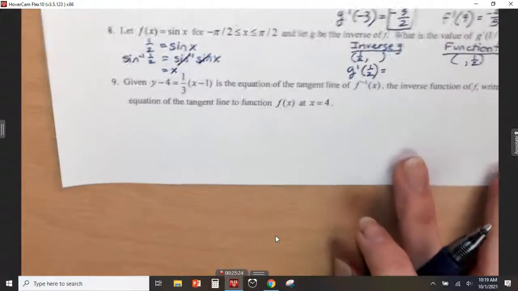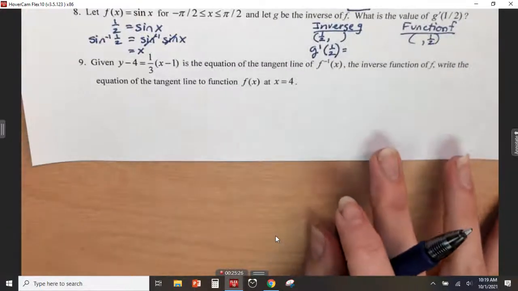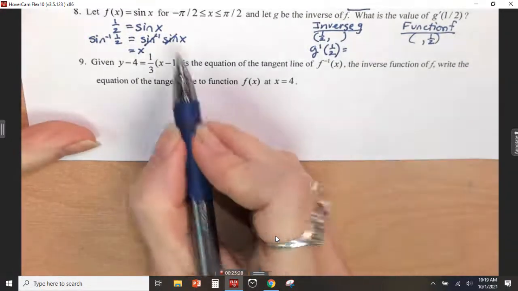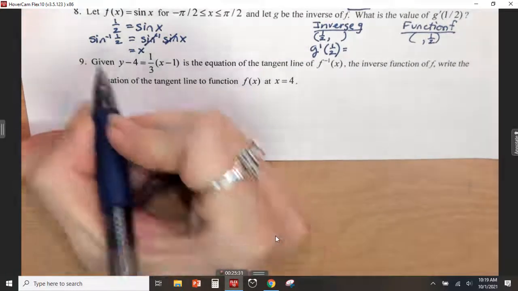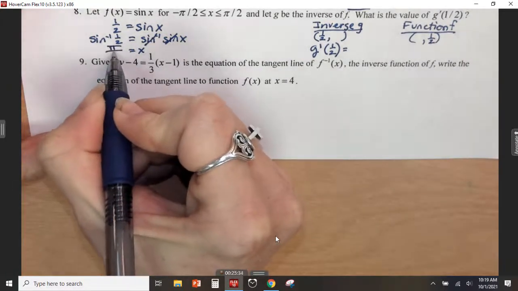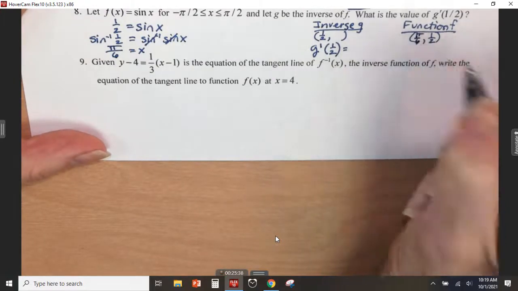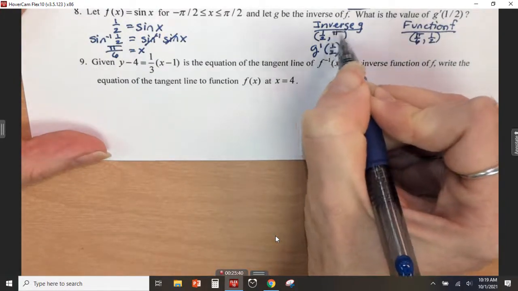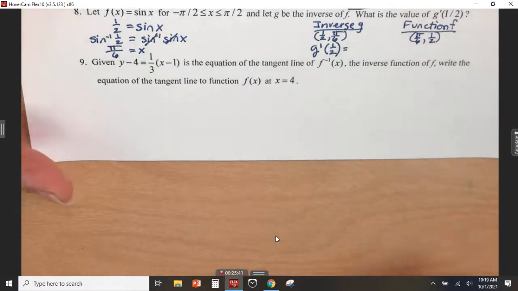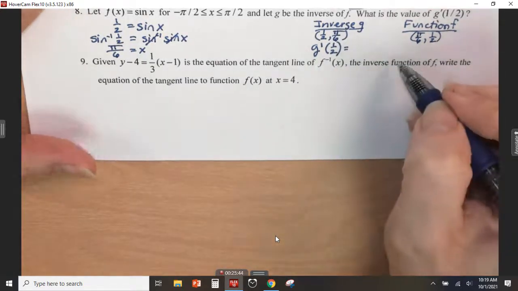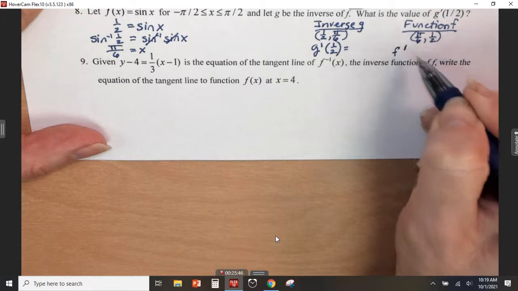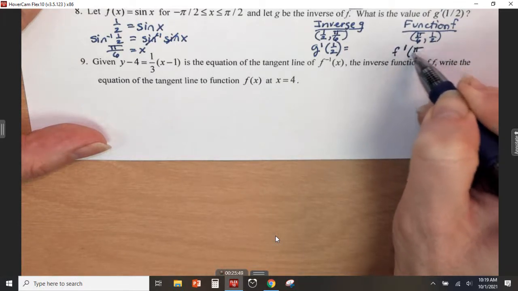But why did we cross out the sine? Inverse sine cancels a sine. Okay. So pi over 6 is the x-coordinate I was looking for on my original function, which is the y-coordinate on my inverse function. So I need to figure out the value for f prime of pi over 6.